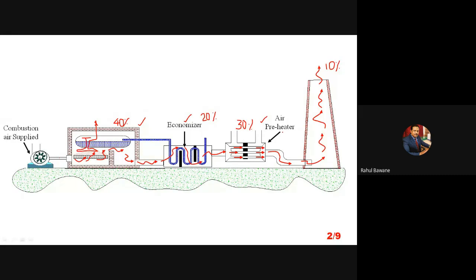Without all these devices, your boiler can run, but its efficiency will not be there. When we use all these accessories, your boiler has a higher efficiency. And no doubt, we recover waste heat, so thermal emission will be less. So this kind of arrangement is there.